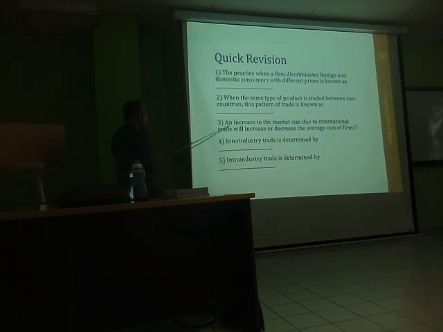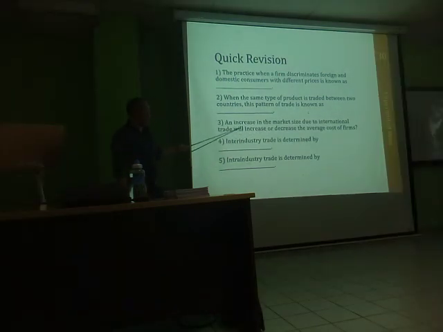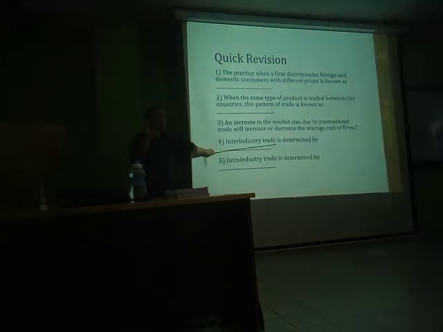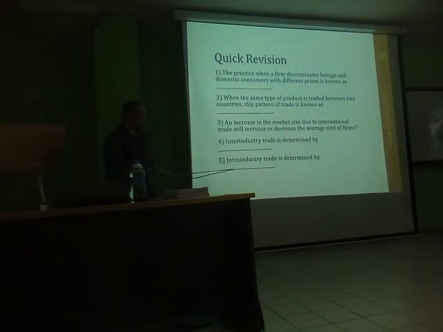Okay. Number three, an increase in the market size during international trade will increase or decrease the average cost of firms? Increase. Yep. Okay. Number four, inter-industry trade is determined by what factors? Comparative advantage. Yep. And last one, intra-industry trade is determined by economies of scale. Yep. Very good.